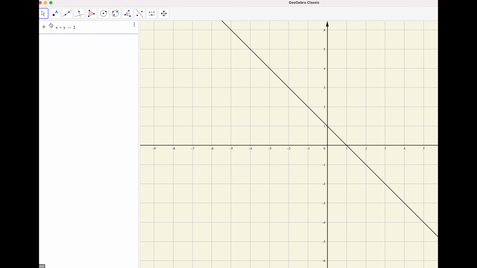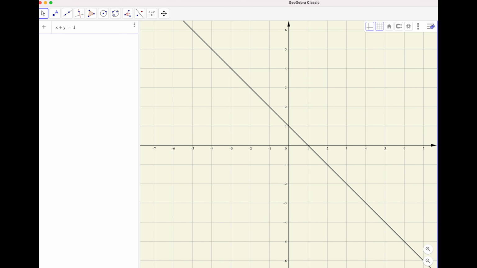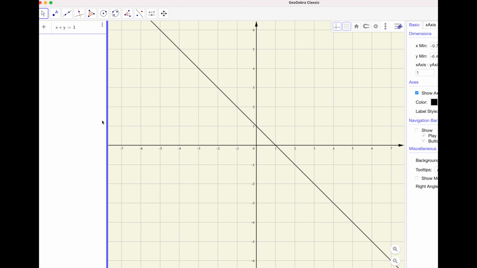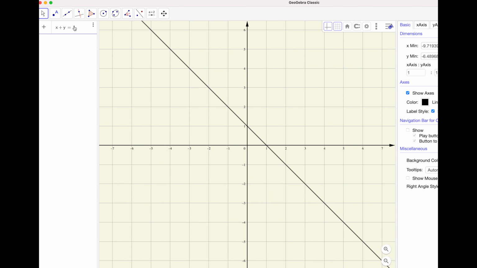So this, you see, is exactly the straight line. So let me move it inside here to have a little bit bigger space. Okay, so you see that GeoGebra knows that this is the equation of a line. And this is the line that GeoGebra sketched.